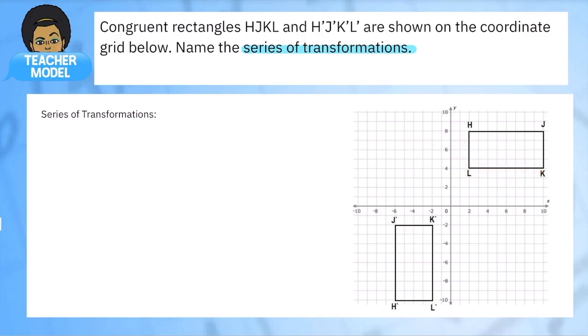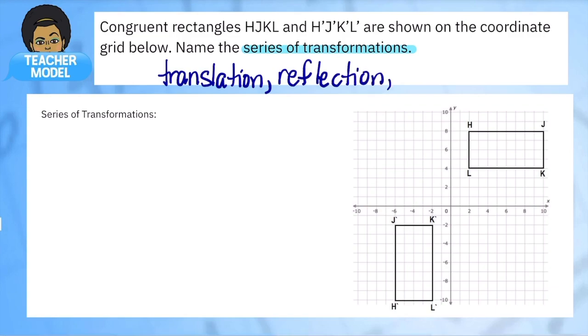So I can use either a translation, a slide, a reflection, and a rotation. So slides, flips, and turns to make one image turn to the other one. So that's going to be our goal.